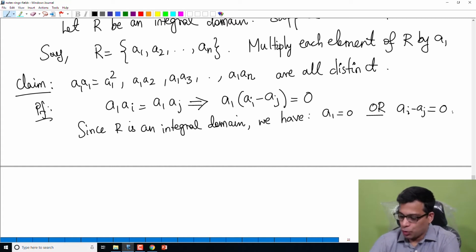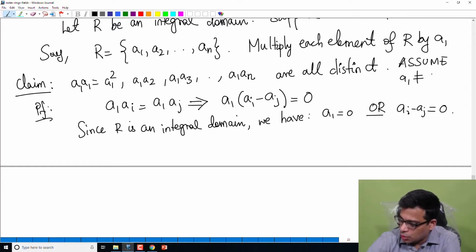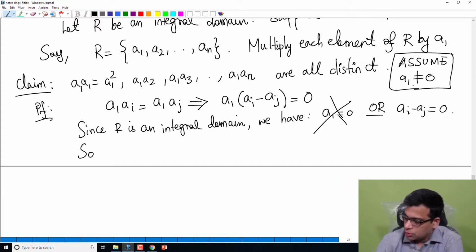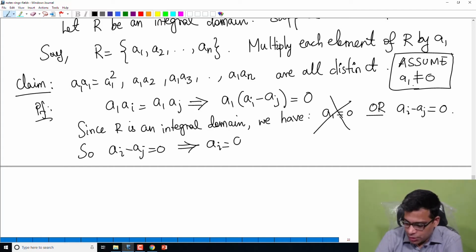Now suppose A1 is not 0. You will see why I assume that in a minute. Remember, I am choosing A1 to begin with, so I will only deal with non-zero elements. So A1 is non-zero, which means A1 being 0 is not possible. That means AI minus AJ is 0, but that means AI is equal to AJ.